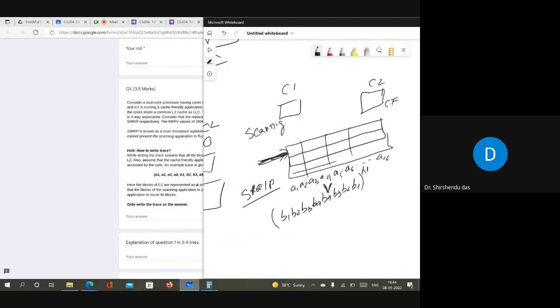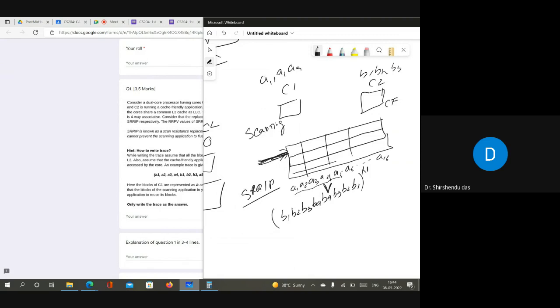I said A1, A2 are for C1, and B1, B2, B3 are for C2. So if a scanning application suddenly comes from C1, then the entire set in the last level cache will be flushed, right? So this will create a lot of misses in C2.